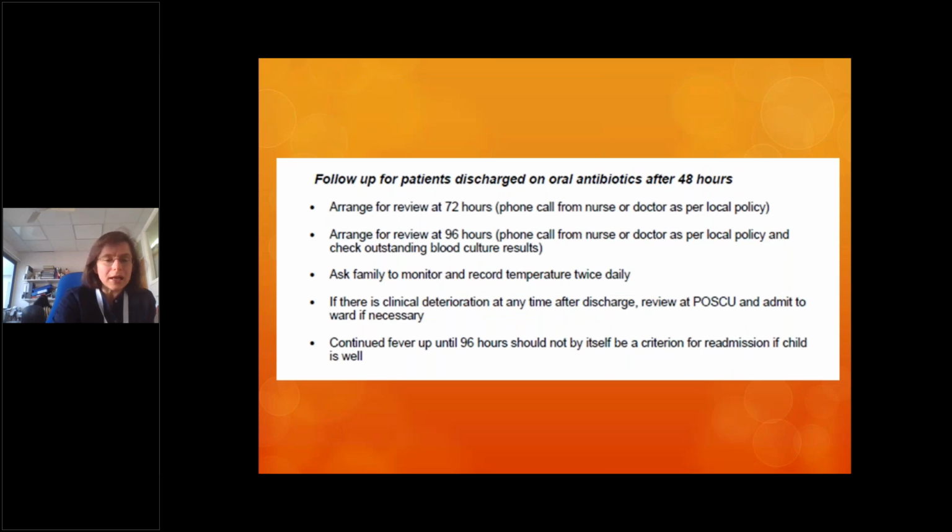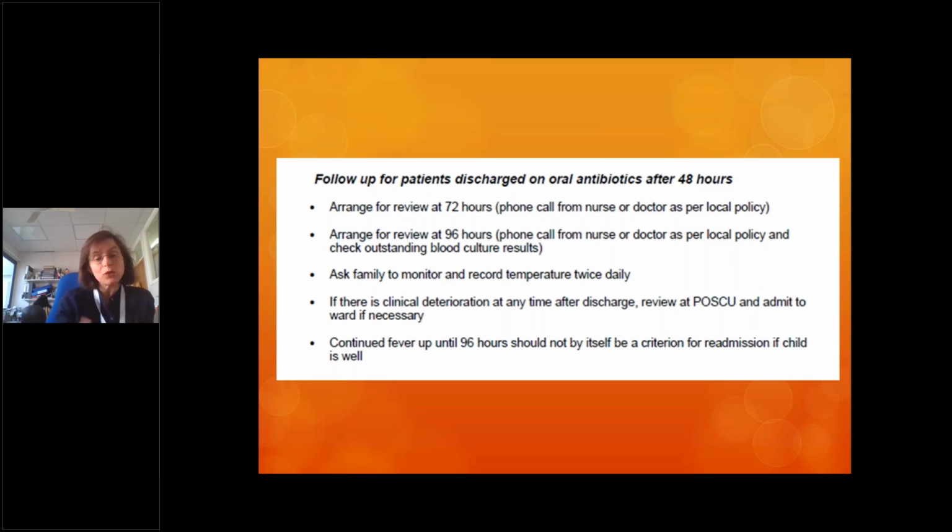If we discharge at that point, then what we recommend is also the follow-up of patients at home. I'm going to show you later a different model of care where this part of follow-up at home has become much more predominant. But the key is that if you consider a child as low risk, this doesn't mean that you can discharge him home and let the family continue the treatment.